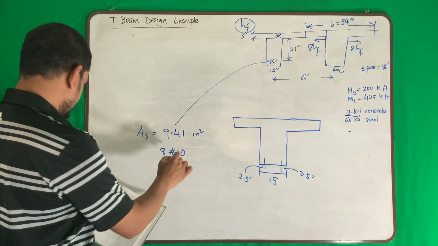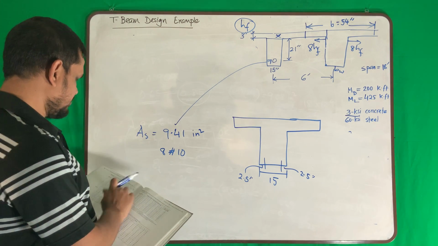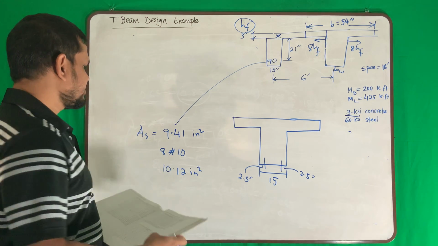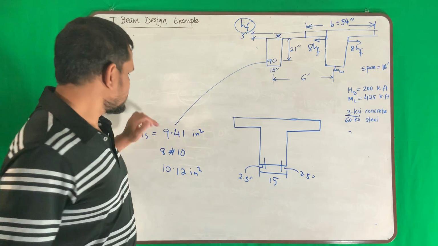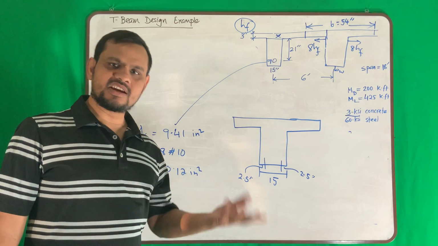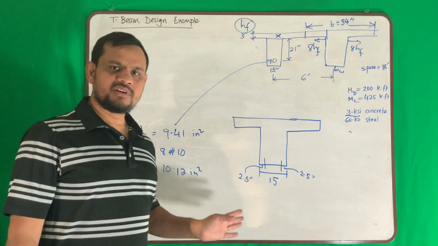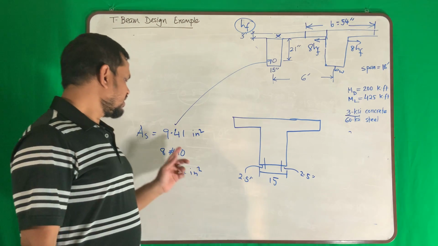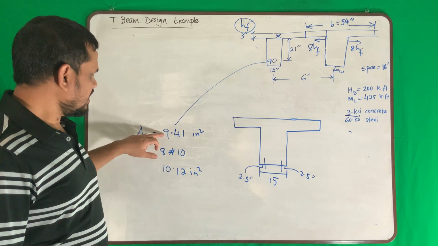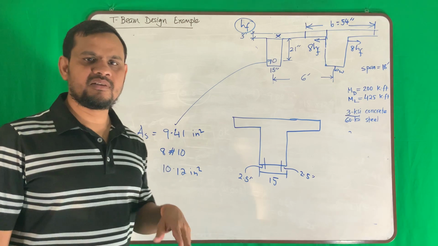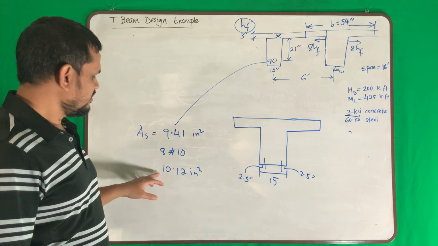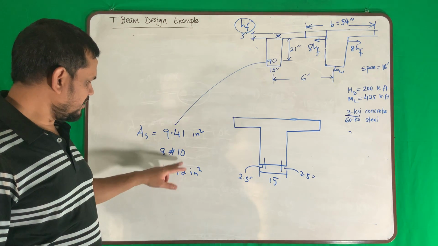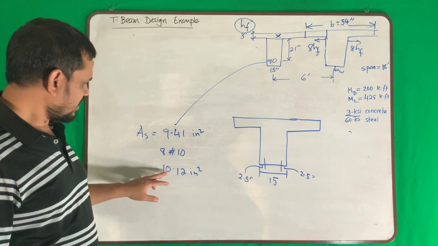If I provide this 8 number 10, the reinforcement will be 10.12. You can see here, whatever the calculation shows, we cannot provide that exact amount. This is why when we were talking about fine tuning, we did not do that, because if we do the fine tuning, 9.45 will be say 9.55. But still when we provide it, we provide way more. So if we provide 10 number 8 bars, it is 10.12.